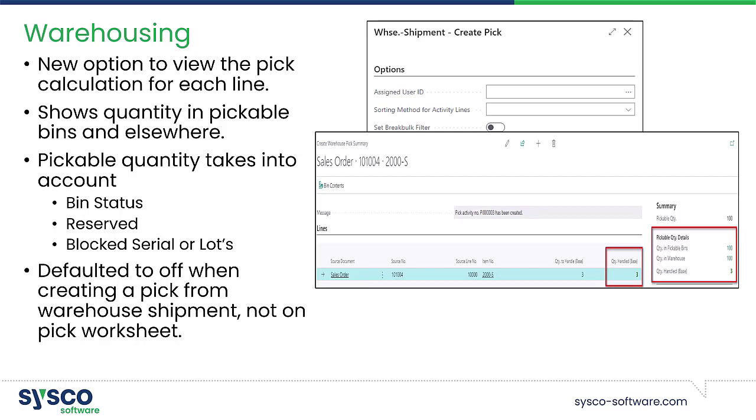Pickable quantity details are in the fact box on the right hand side, and these will display the warehouse entries whenever you drill down into those. Pickable quantity is determined by your bin status, any quantities that are reserved, blocked, serial or lot numbers as well. Now this option is always defaulted to off whenever you run the report, and just bear in mind it's not available whenever you're using the option from the pick worksheet.